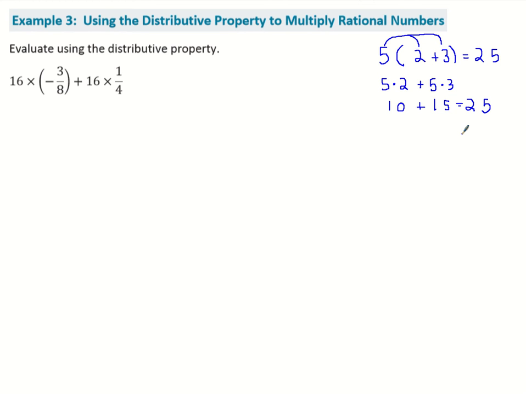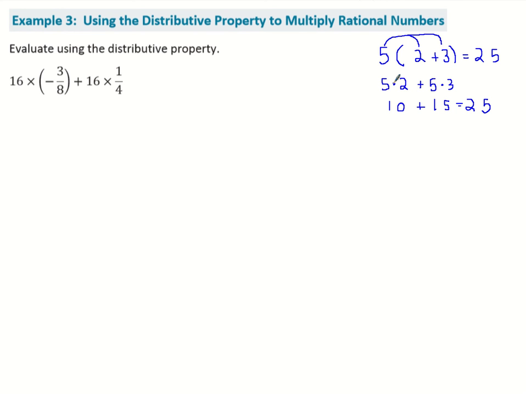So, of course, as you can see, this problem that I used as an example, we could have solved without using the distributive property. What's the point of the distributive property? Well, the distributive property can help us when we're dealing with much larger numbers, so we can deal with our multiplication first. And it also helps us when we have things like variables.